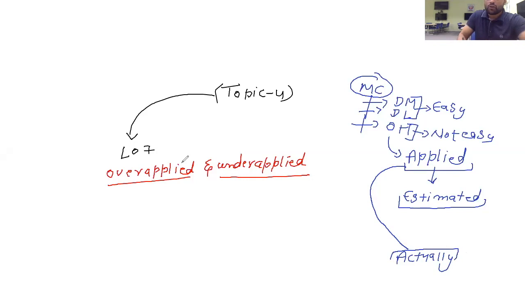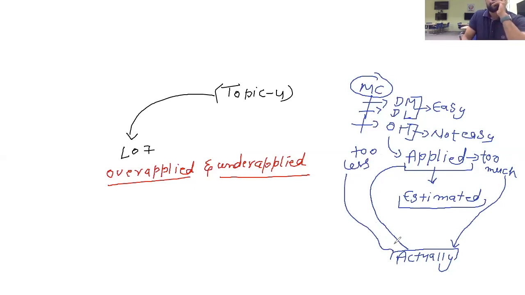Over applied means we applied too much compared to actual, and under applied means we applied too little compared to the actual number. Our overheads could be over applied or under applied. It can't be both, of course.